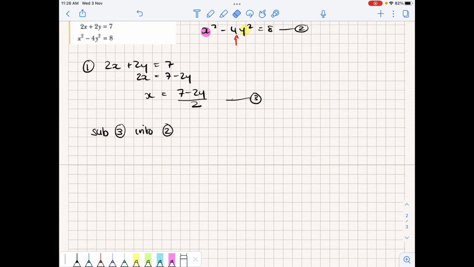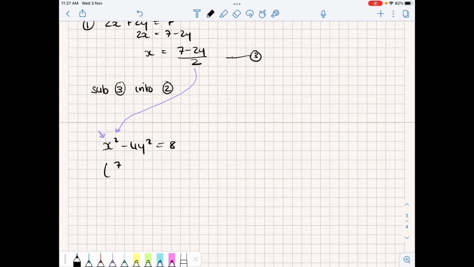It's x squared minus 4y squared equal to 8. And I'm going to replace x squared with this. 7 minus 2y over 2 squared minus 4y squared equal to 8. And now we're just going to solve.